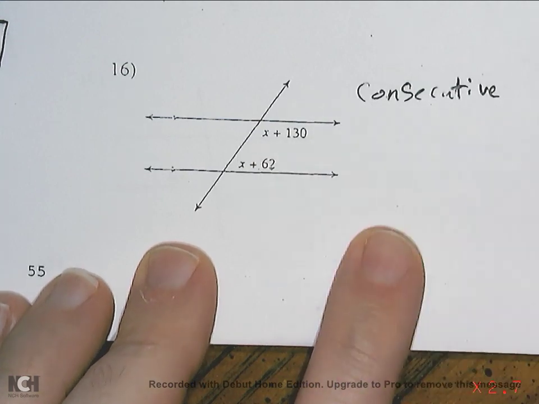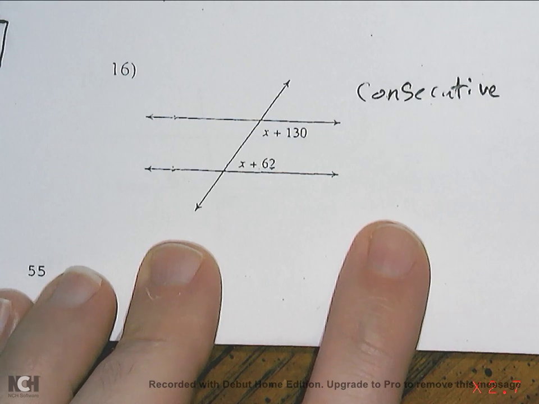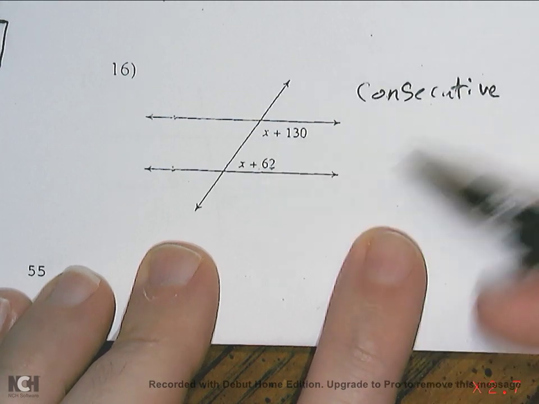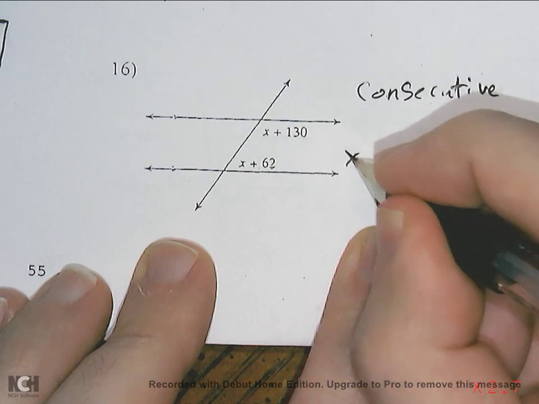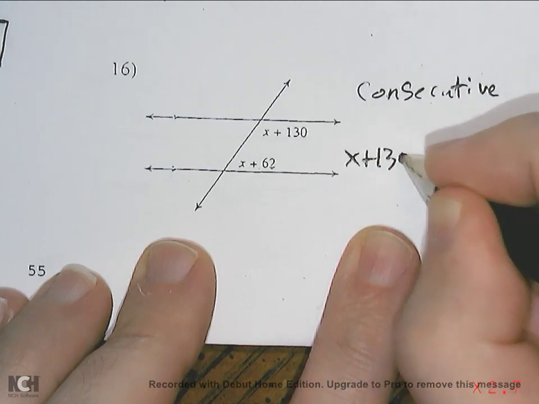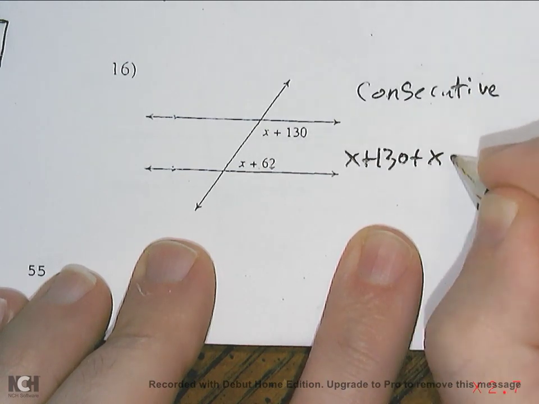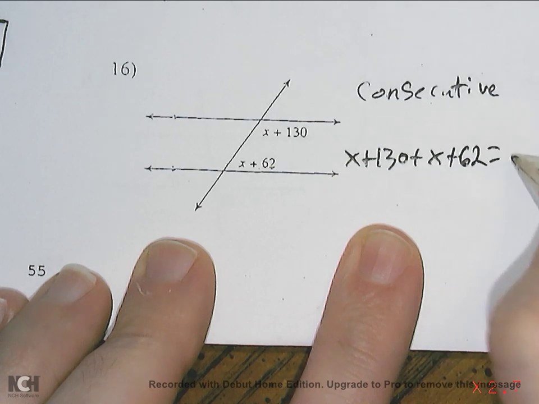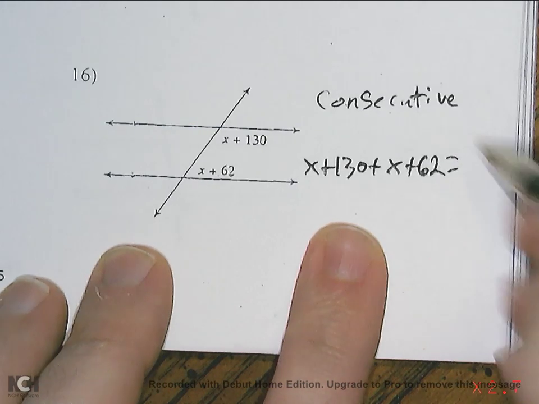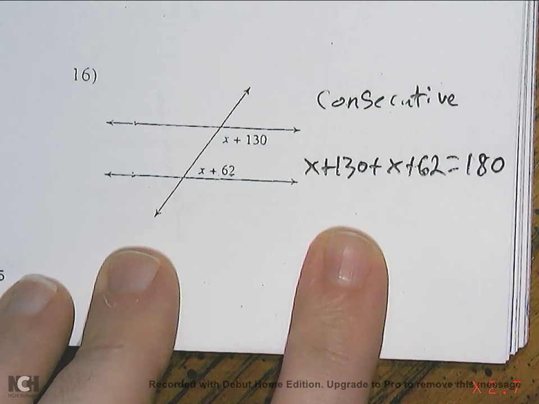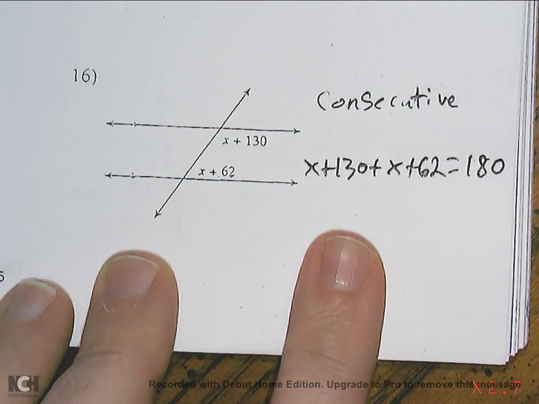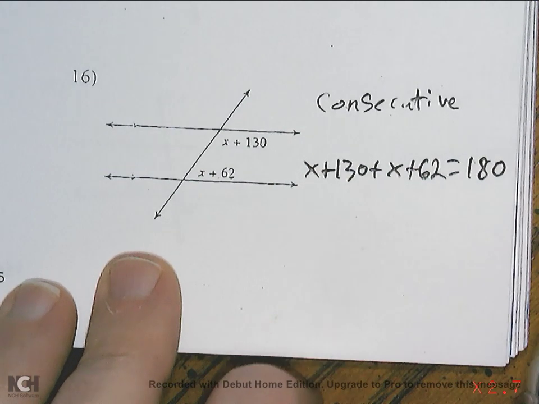So basically, to set this one up to solve for x, I add these 2 angles together and set them equal to 180. So I would have x plus 130 plus x plus 62 equals 180. Okay. Then this is another multi-step, and this one I do have to combine like terms, right?